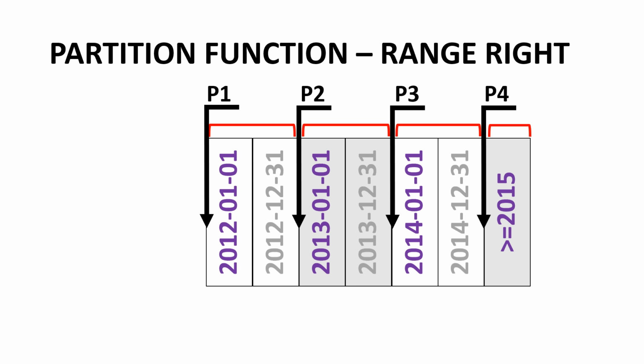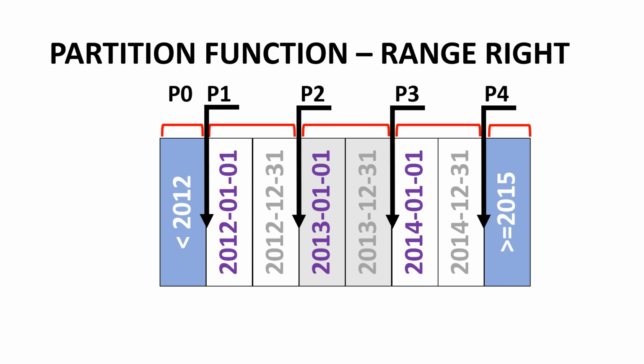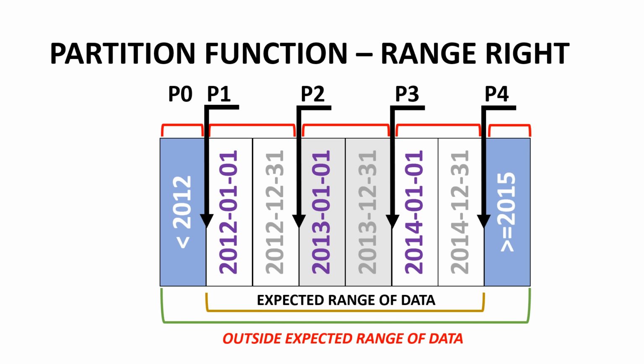So this is the way it looks for range right. We'll get into how you can do this wrong and what it means in a moment. So best practice for partitioning in general, whether you're going range right or range left, doesn't matter, is to keep an empty partition below and an empty partition above for data that falls outside the expected range of data.